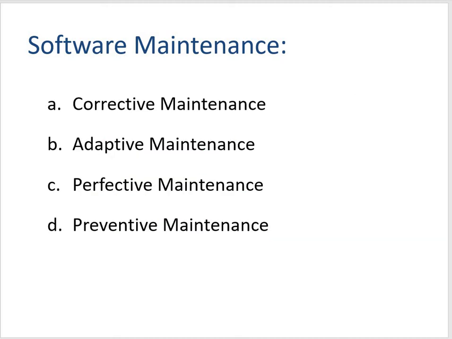So we have some variety of it. One is your corrective maintenance, another one is your adaptive maintenance, then we have perfective maintenance, and lastly we have preventive maintenance as well, right? So we are going to cover all these four categories in the next few slides.